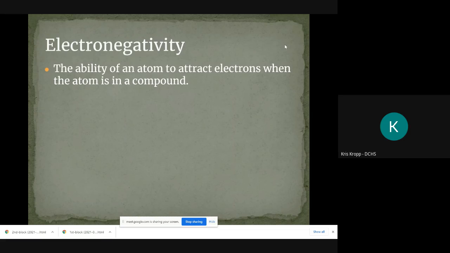If one atom has a much, much larger electronegativity than the other atom that it's bonding to, it can take the electrons. So then we form an ionic bond. And if the electronegativities of the two atoms are relatively similar, then the two atoms will just share electrons and we'll have a covalent bond.